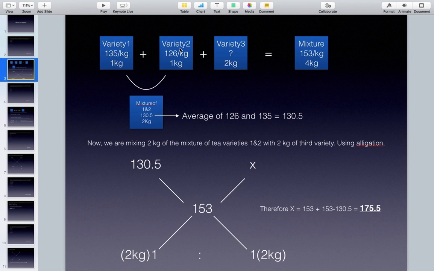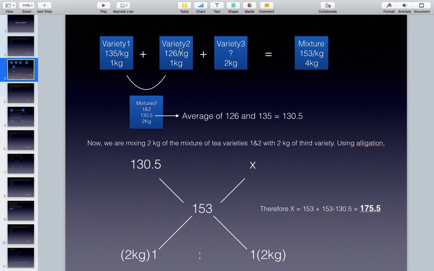Take the difference of 135 and 126, which is 9. Take the half of that, 4.5. Either you add this 4.5 to 126 or subtract 4.5 from 135. So you get the answer 130.5, which is exactly the average of 135 and 126.